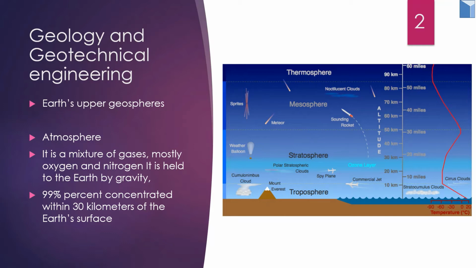The ozone zone is a very, very important layer covering our planet and preventing the sun radiation from reaching the surface of the Earth.